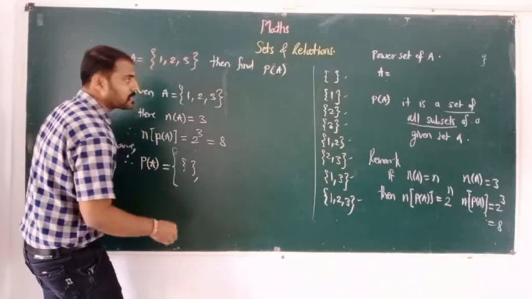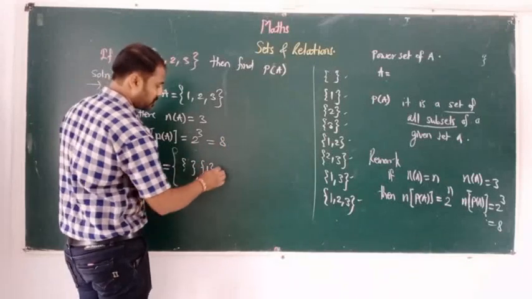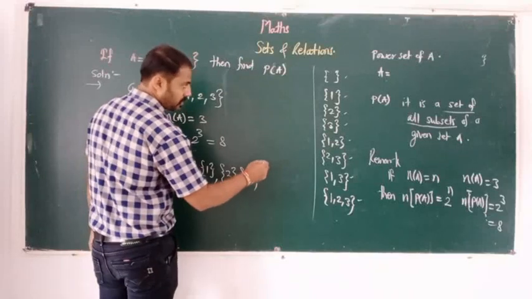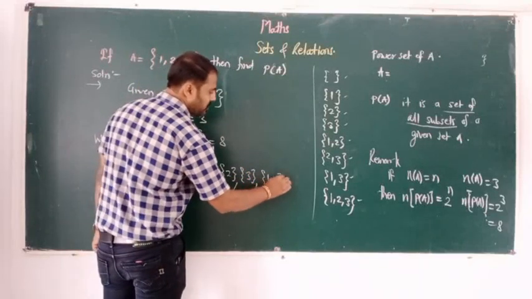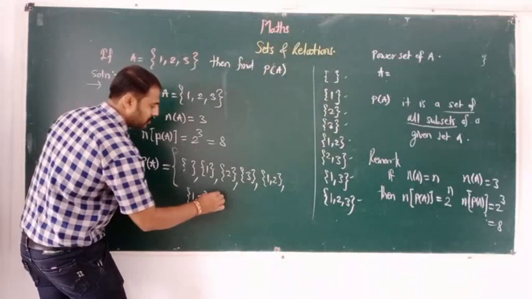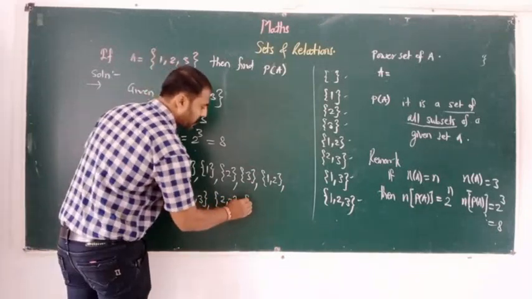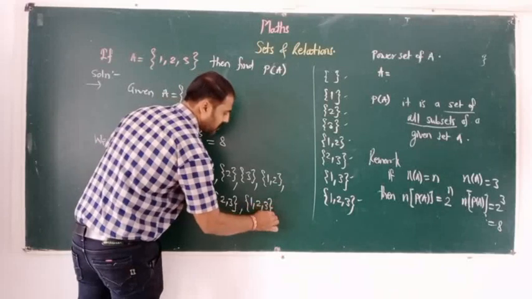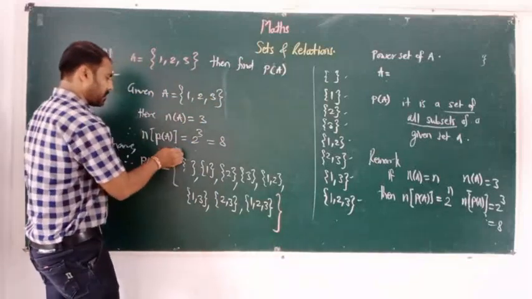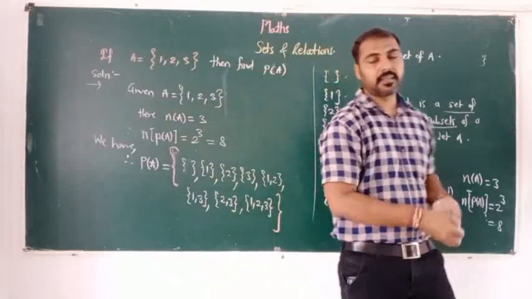Each subset is separated by commas. First one is 1, yes, 2 is there. This is also a subset. 3 is also a subset. This 1, 2 is also a subset. Next, yes, 1, 3 is also a subset. 2, 3 is also a subset. And finally, 1, 2, 3 is also a subset. And I am completing that outer curly bracket, which is nothing but the power set of the given set A.